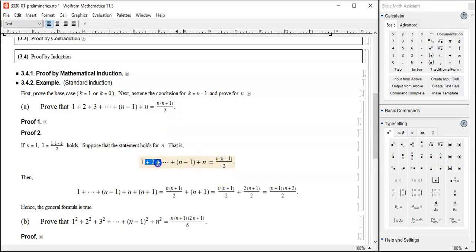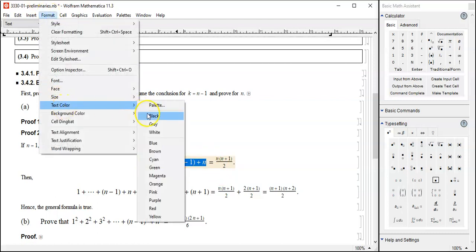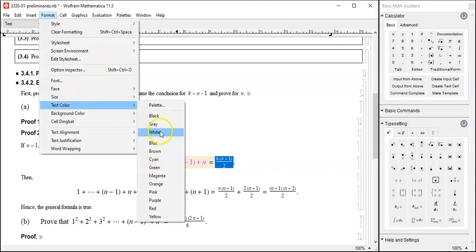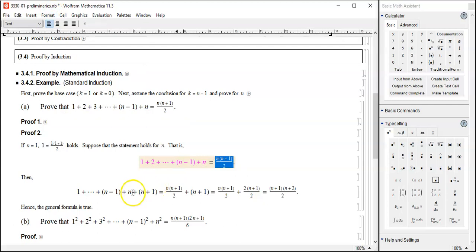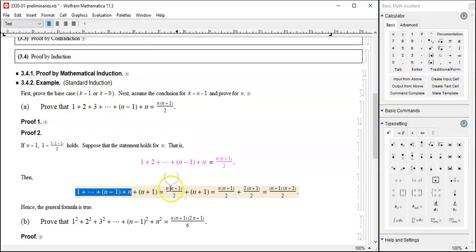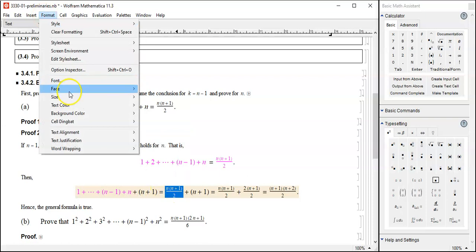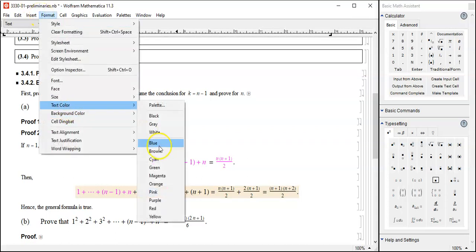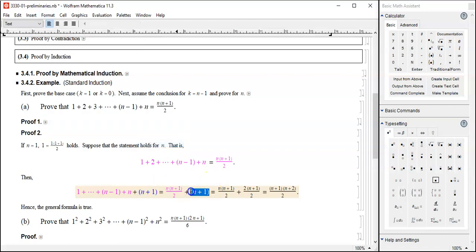So that part, we just assume. And then we go to the n plus 1 case, so we have to add one more term here, which I'm highlighting in blue.